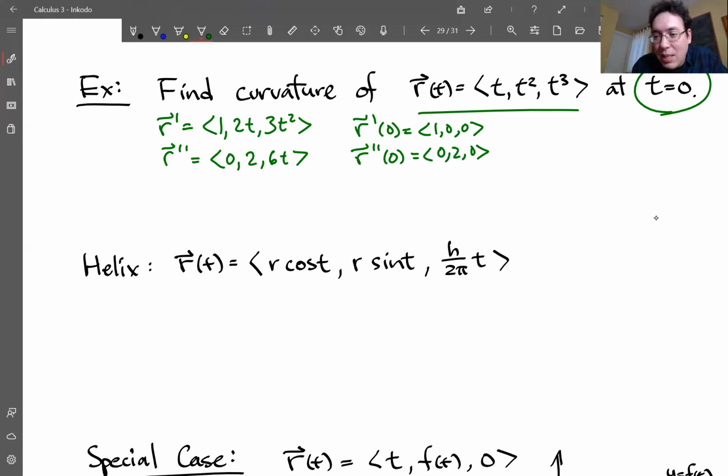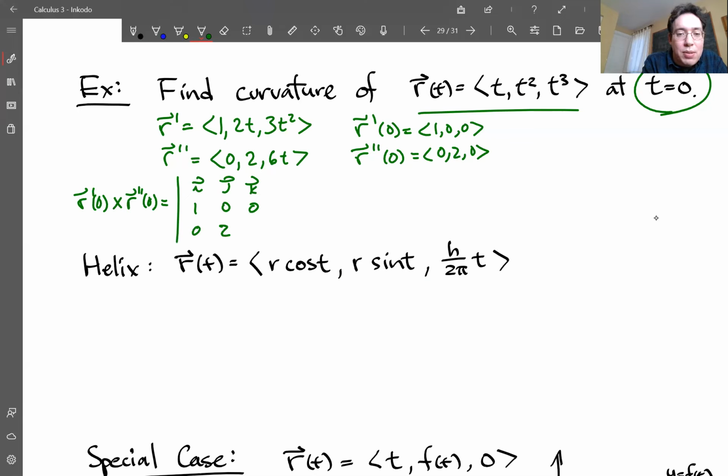Now these are very simple vectors to take the cross product with. So 1, 0, 0 and 0, 2, 0. And most of these are going to be zeros.